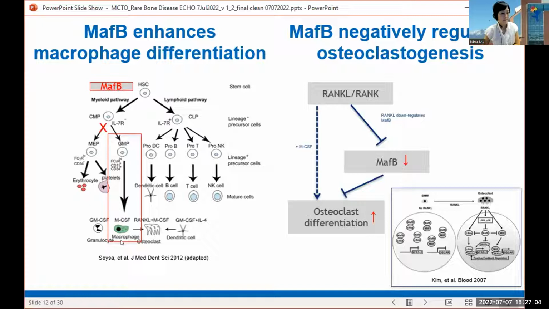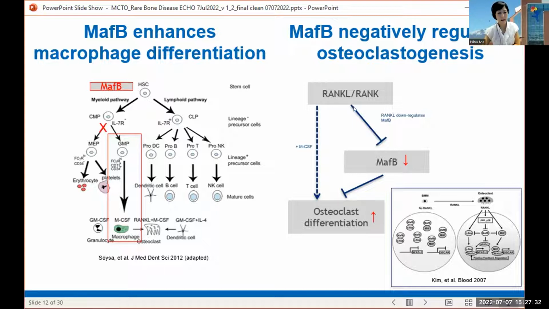MAFB has also been shown to regulate the differentiation of macrophages to osteoclasts, but here it's been shown to be a negative regulator of osteoclastogenesis. So in other words, MAFB inhibits osteoclast differentiation, and there needs to be a downregulation of MAFB expression in order for osteoclast differentiation to occur.